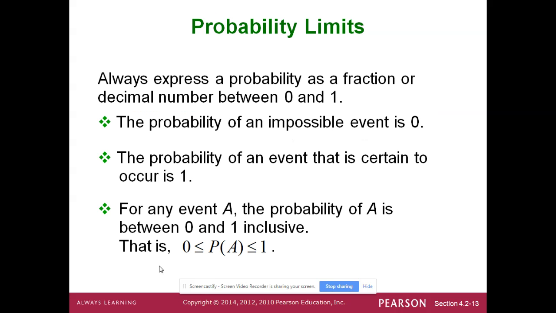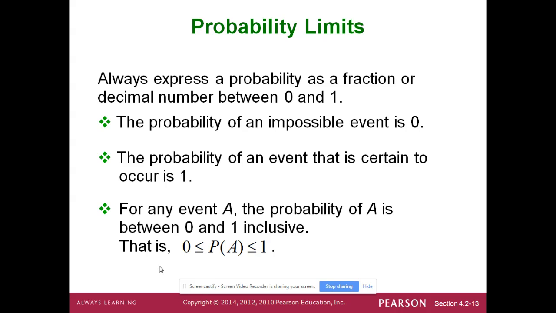All right. Probability limits. If something is impossible, the probability of that event is 0. If it's certain, then it's a 1. Because probability is in terms of decimals, 100% probability is 1.00.